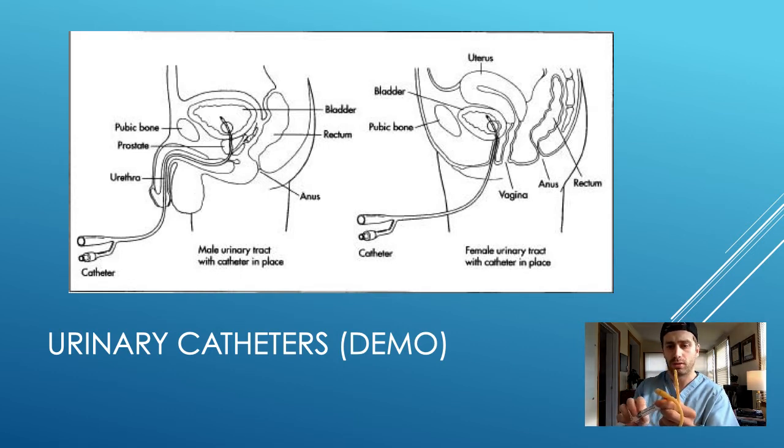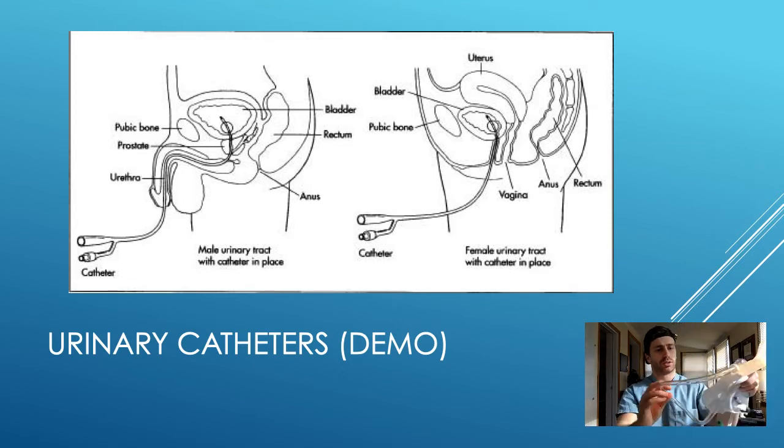There we go. It's working for me now. There we go. Perfect. So now it's inflated. The syringe is off because you're not going to leave the syringe on there. And then what would happen is it would be hooked up to a bag. So this is a bag where the urine collects.